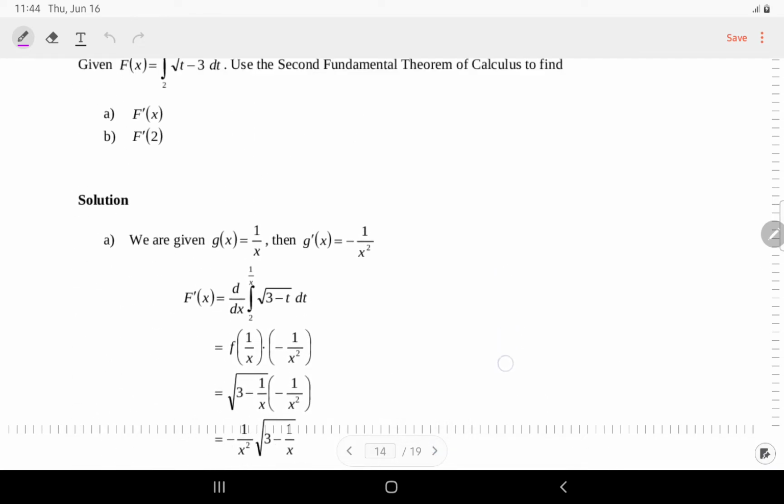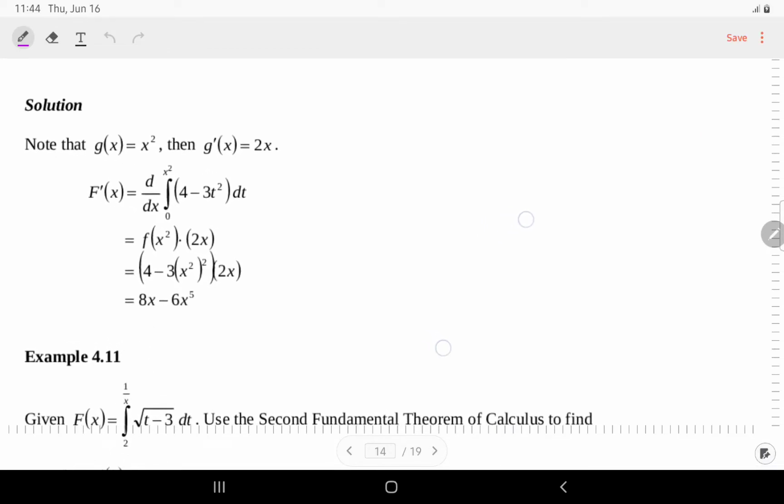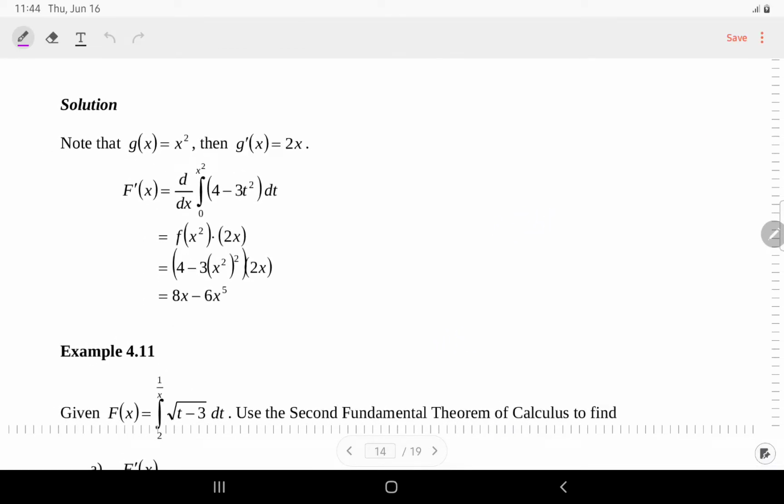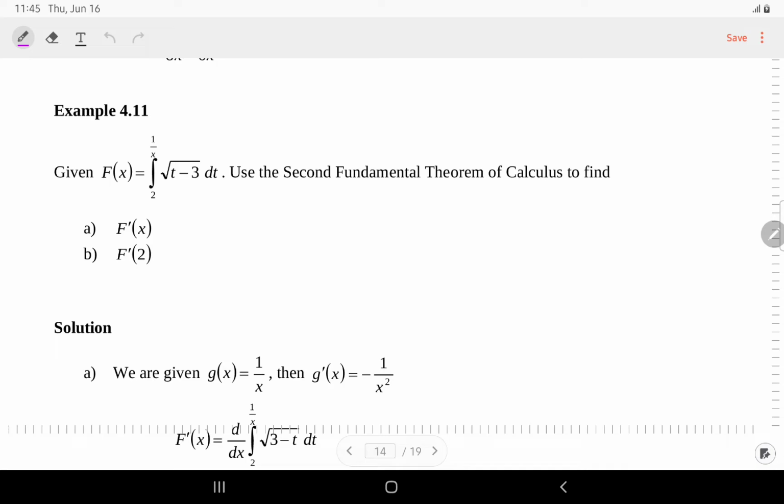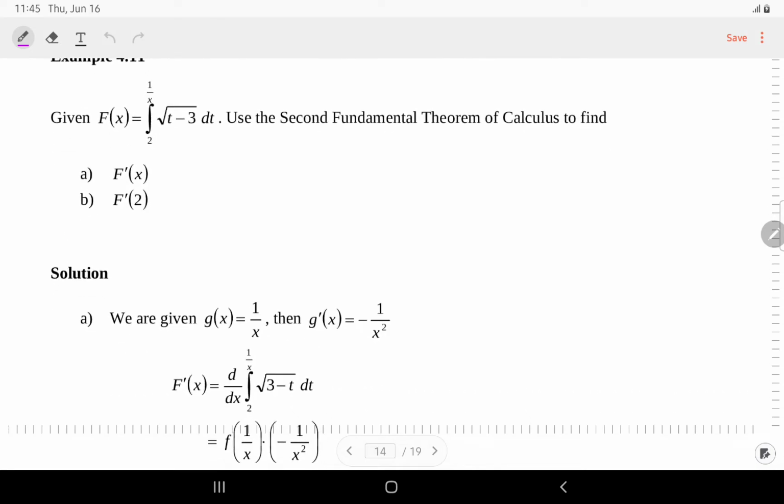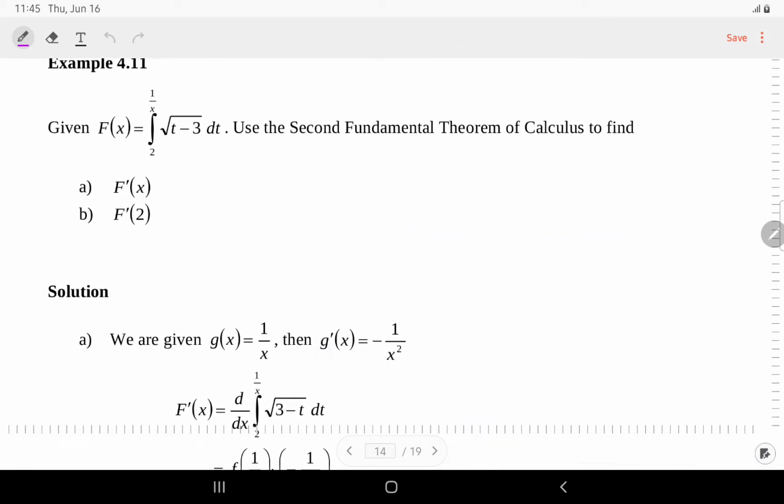Okay, next example. Look at this example. Here you are given the same question as the previous one. You are given the function in terms of an integral. The lower limit is a number and the upper limit is a function. Use the second fundamental theorem of calculus to find f prime x.